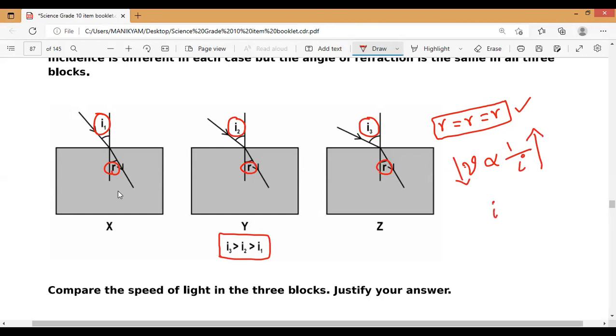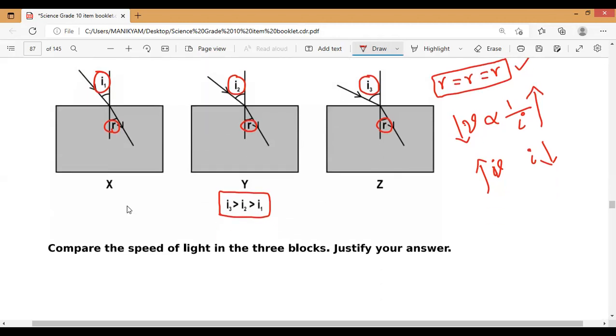If the angle of incidence is less, speed of light is greater. Now compare the 3 mediums and tell me in which medium it is greater.